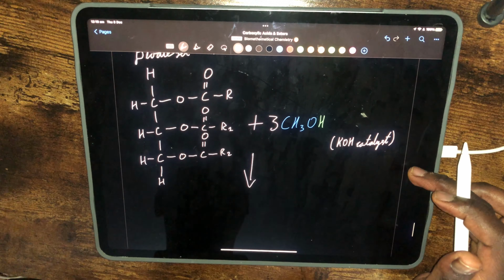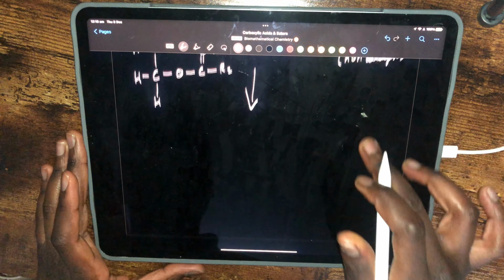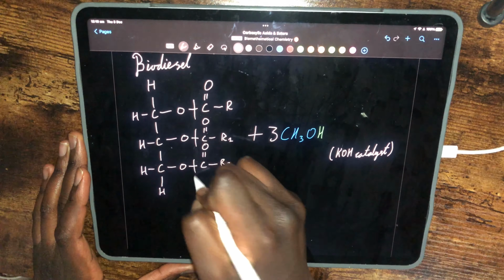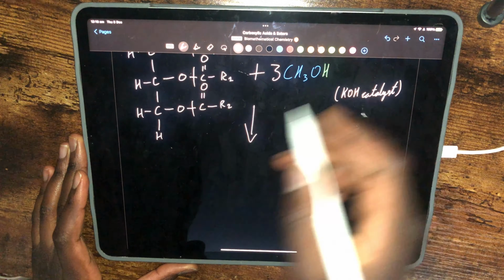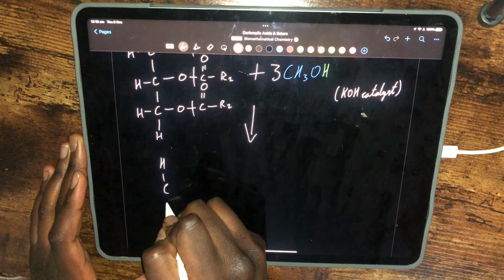And it's the same principle as before. As I said before, you're just dissociating this compound down here, and the H should go there. So like in the saponification, this part stays the same.